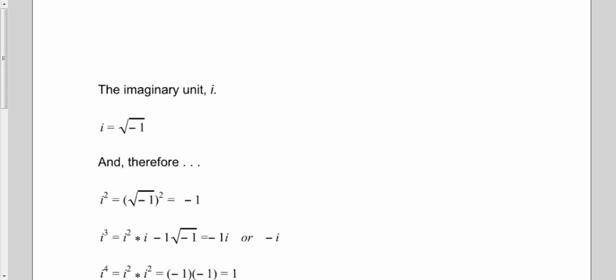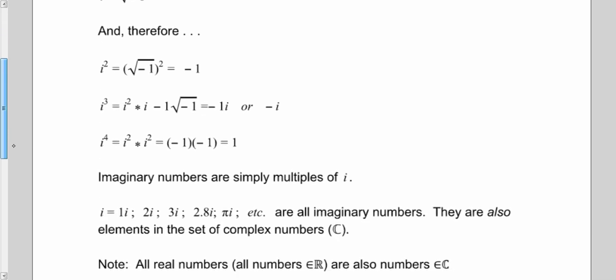What's i cubed? -1 times i, or just negative i, right? Good, good. And i to the fourth? 1. Good, good. So let's break that down a little bit.